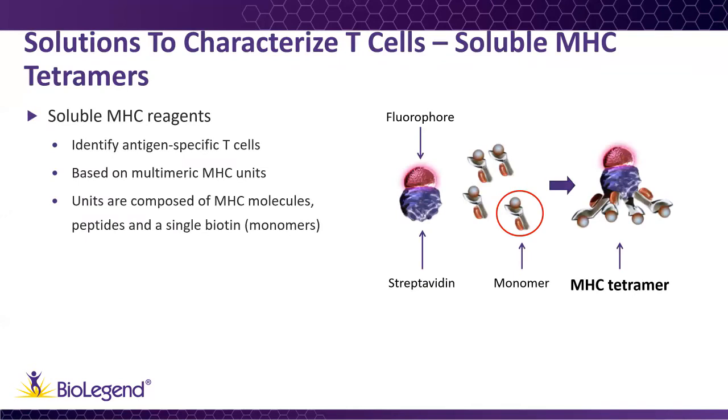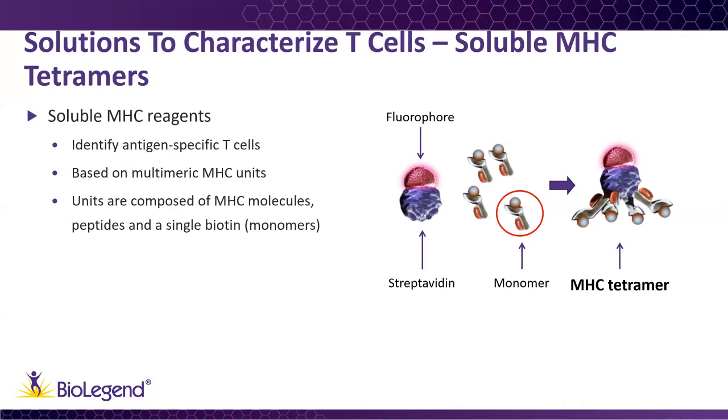Before going forward, I'd like to describe a tool based on soluble MHC molecules that can be used to detect antigen-specific T cells. Stable MHC tetramers can be generated by using a streptavidin molecule to bind 4 monobiotinylated MHC monomers. Each MHC monomer is bound to a peptide that is used to determine antigen specificity.